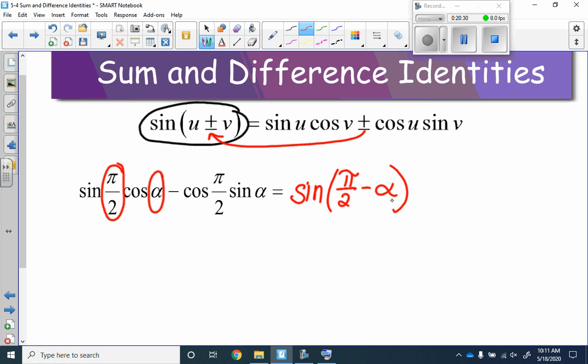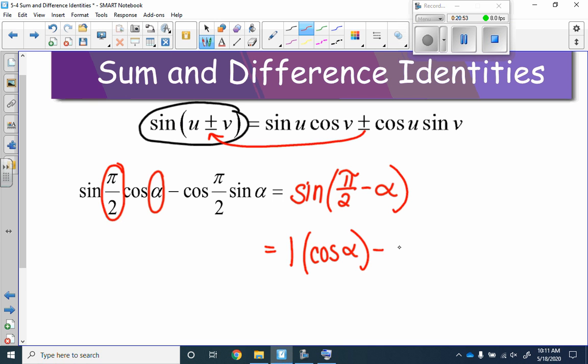Now, realize that using these, you can evaluate something like this as well, because you know the sine of pi over 2. The sine of pi over 2 is 1. So here we're taking 1 times the cosine of alpha minus the cosine of pi over 2.